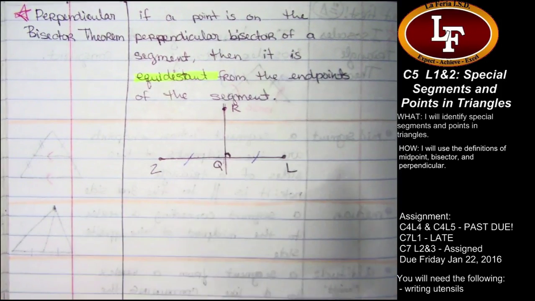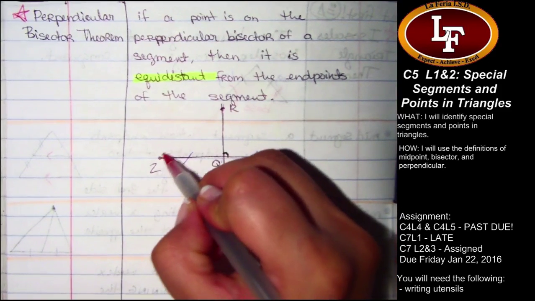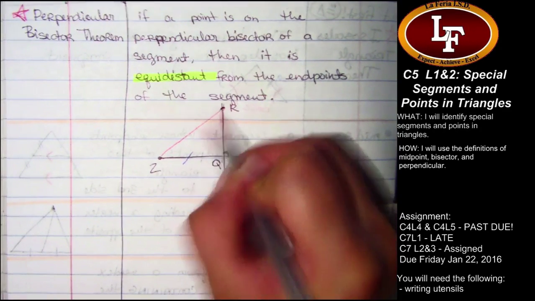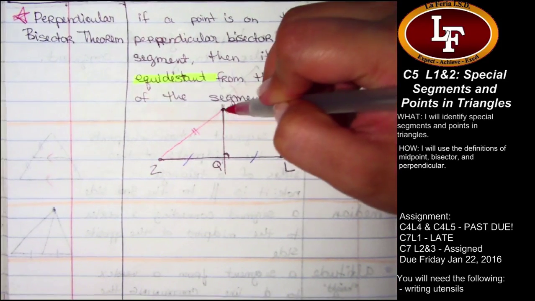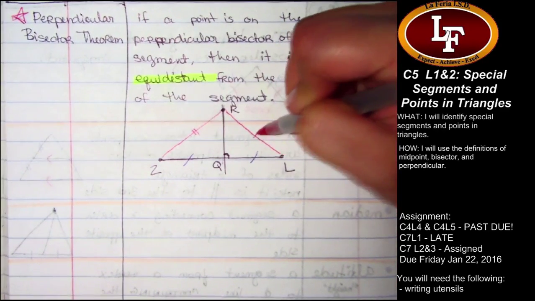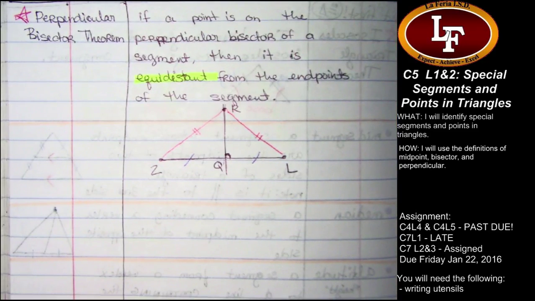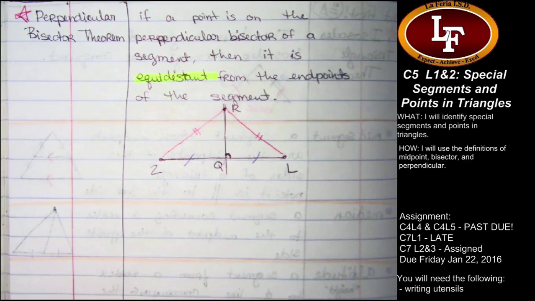What this says is that this distance here is going to be equivalent to this distance here, which means those segments are congruent. Before we go any further, once you're done drawing your figure, take a look at it. What kind of stuff do you have in this figure? We had 2 lines, we got some angles.